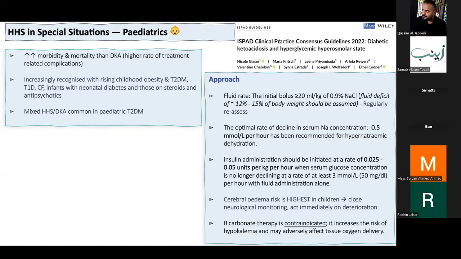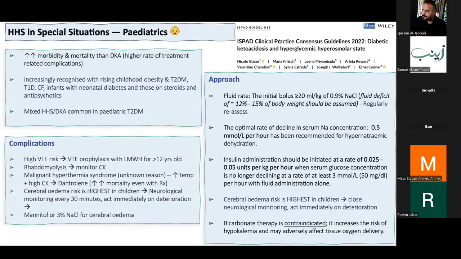The issue with pediatric HHS is a higher risk of VTE. So if the patient is 12 years or older, they should receive VTE prophylaxis. There's a high risk of rhabdomyolysis compared to the adult age group, so creatinine kinase should be monitored.